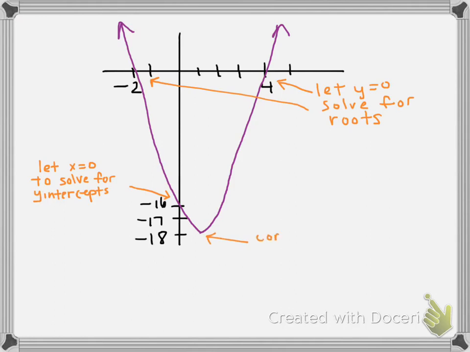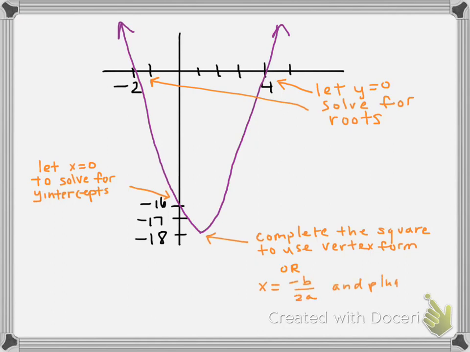And then finally, it's up to you to either complete the square, if you like doing that, and that'll solve for that vertex, or you can use negative b over 2a and plug it back into the equation and get that y value.